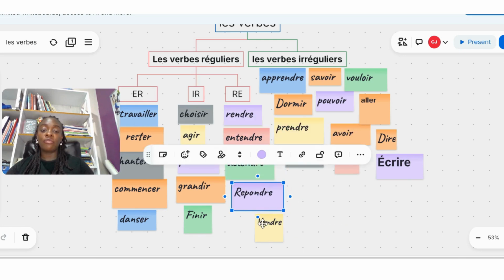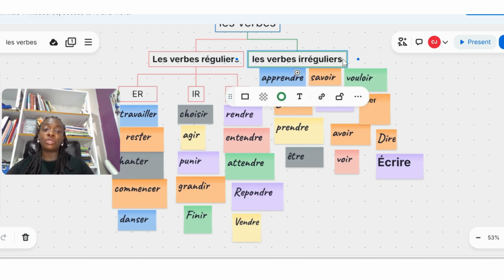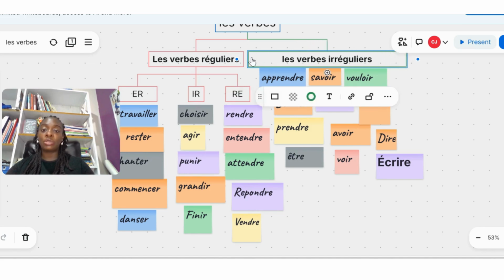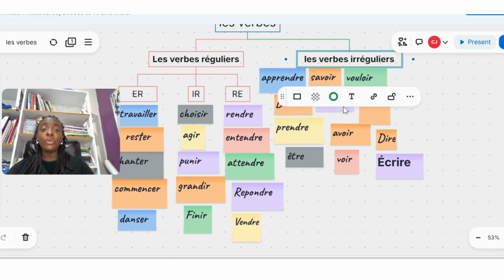répondre, et vendre. Irregular verbs basically means verbs that don't follow any particular pattern. They are conjugated in their own particular way. So to know these verbs, it means you have to memorize.